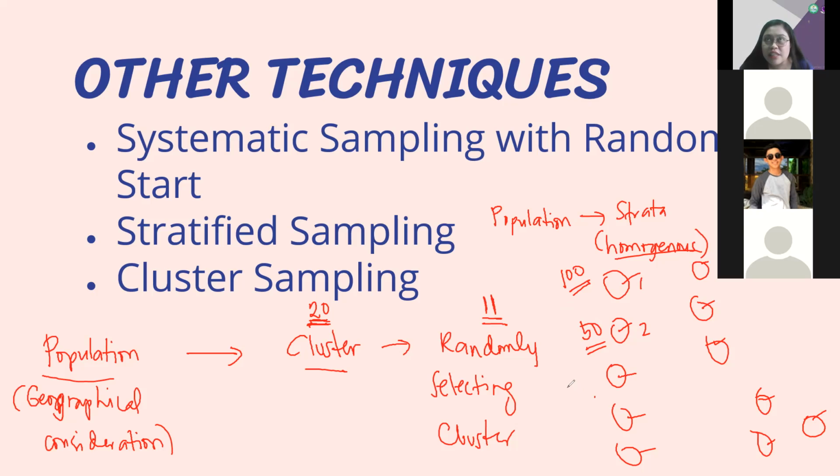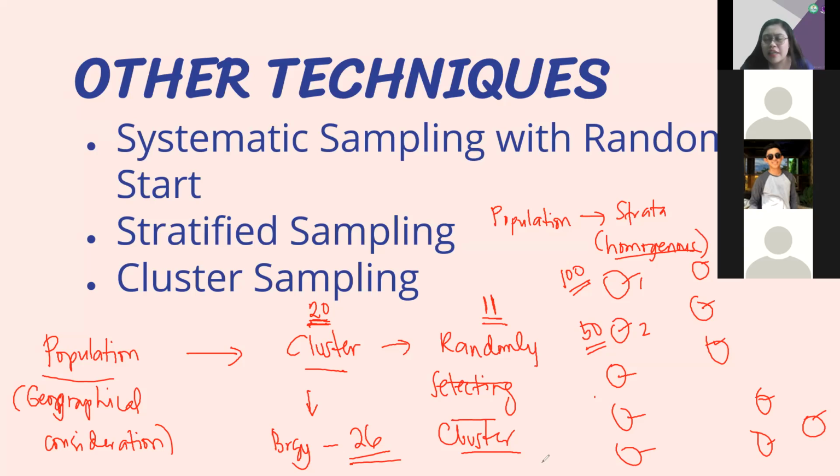Example dito, residents of General Santos City, we can actually do cluster sampling and the clusters will be based sa barangay. So pila ka buok barangay sa Gensan? 26 siguro. So out of 26, pipili tayo randomly ng clusters na isasalin natin.